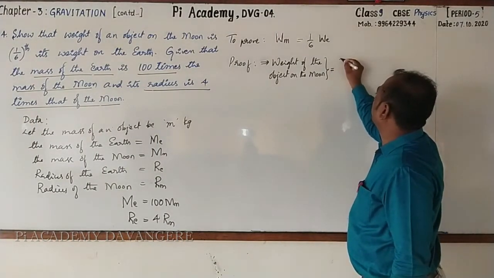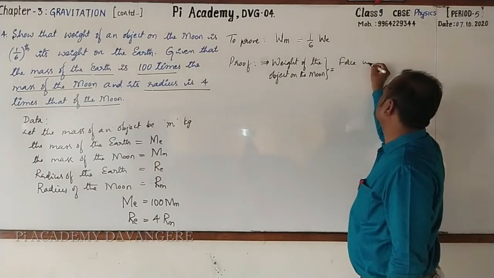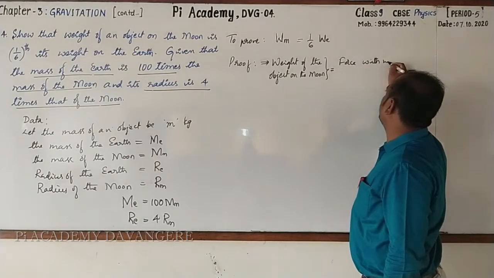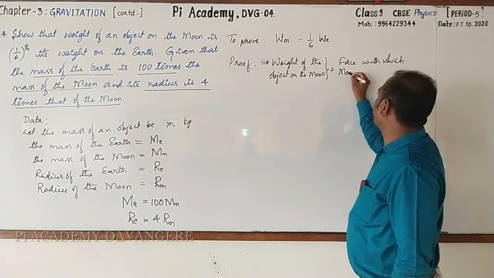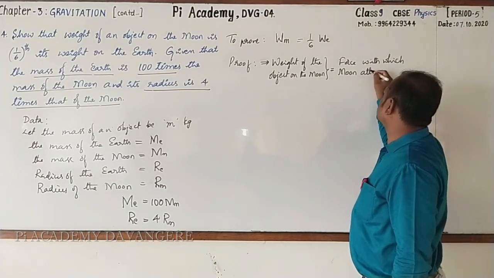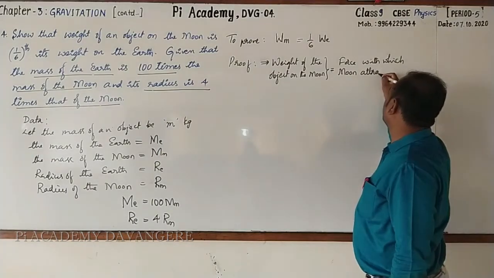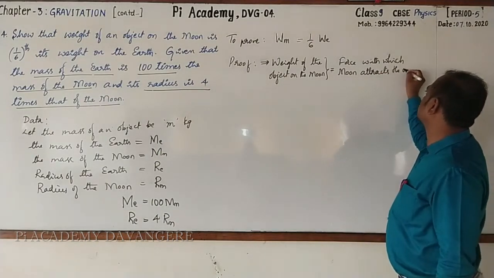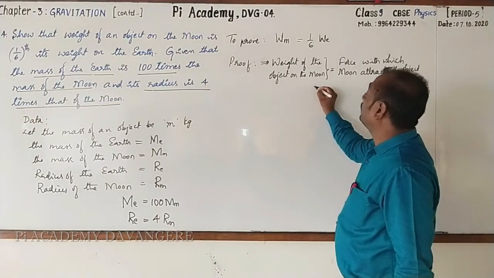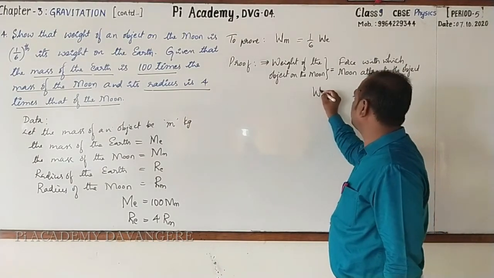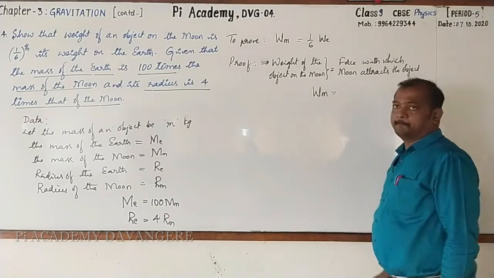Or the force with which the moon attracts the object. Yes, weight of the object on the moon is denoted by WM.